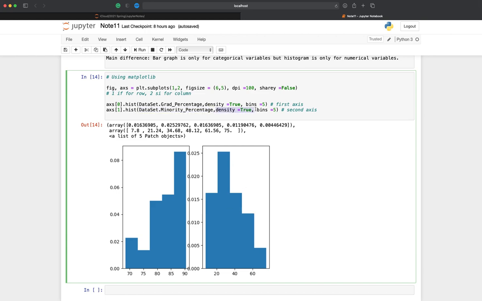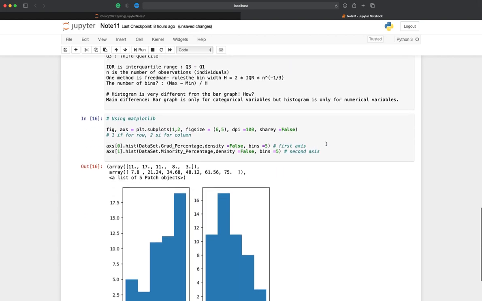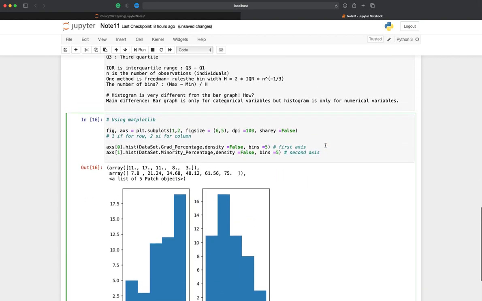And then using density true, it will normalize the axis for me. If I say false, let's see what happens. The percentage are showing here. False. I think this is more beautiful.